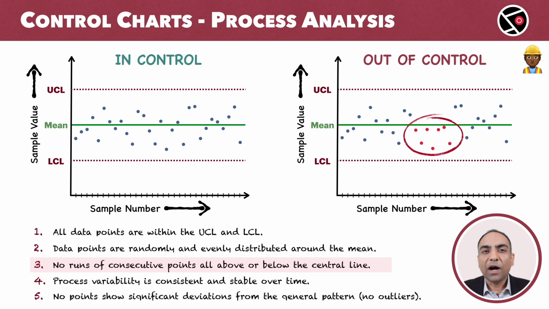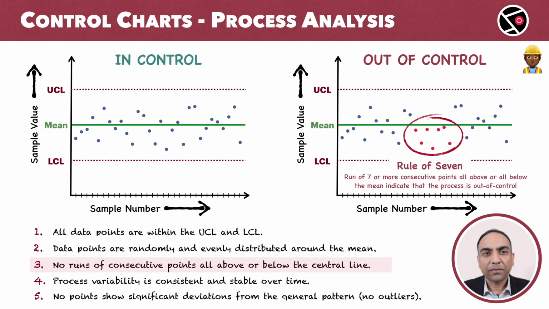This goes against the rule of 7. If we see 7 or more consecutive data points on one side of the mean, the process is considered out of control. Now, why 7? Why not 8? This is simply a rule of thumb that is widely accepted by quality and project managers.